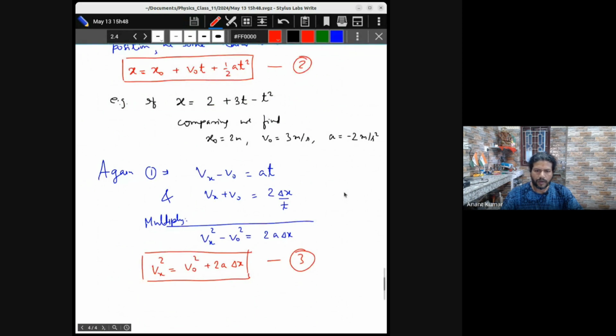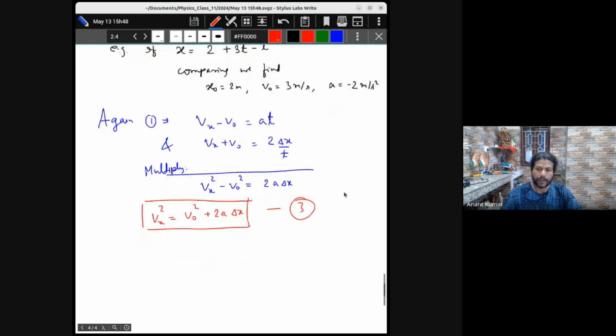One important situation where acceleration is constant: there's one situation where the acceleration is constant. That is when, for example, you throw something and it moves freely under the effect of Earth's gravitation. If an object moves only under the influence of gravitation, I know that its acceleration is always constant, isn't it?